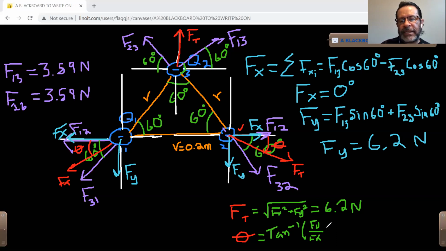In this case, Fx is 0, so it would be the inverse tangent of infinity, which is 90 degrees, congruent with what we're seeing in the diagram.